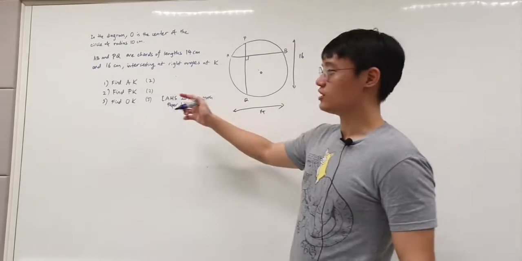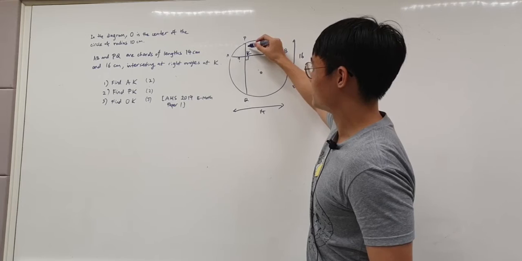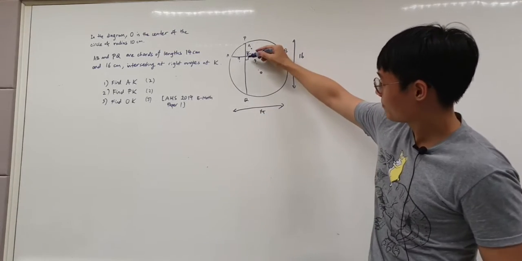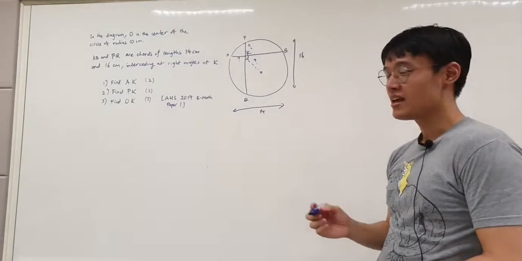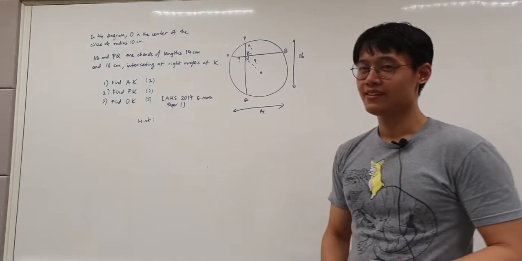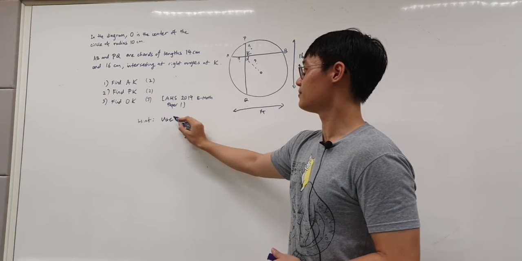So first question, find AK. K is this. What is PK? And what is OK? The hint is number 1, use Pythagoras theorem.